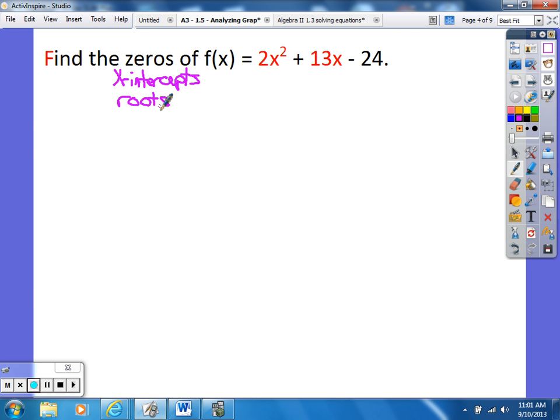Now the reason I give you all three of those words is it all depends on what calculator you're using, to what word they use. So I don't want you to be going to another math teacher and using their calculators and being like, the word I'm looking for is not on here. So any of those three words match up with what we're finding.